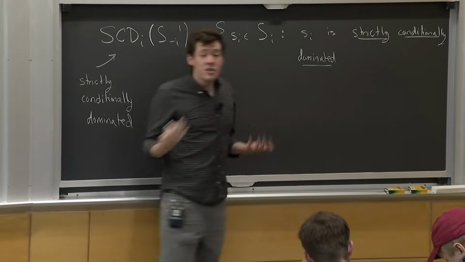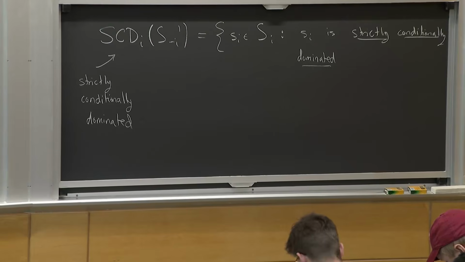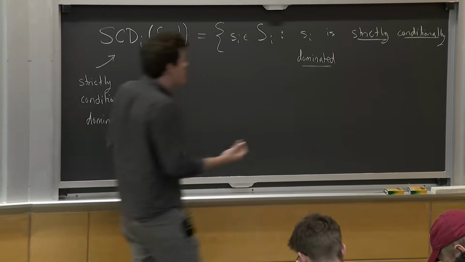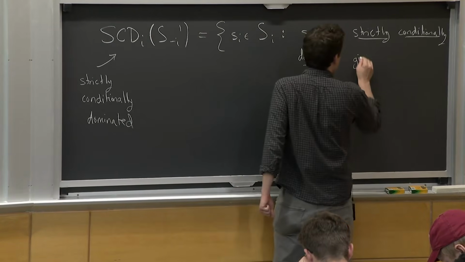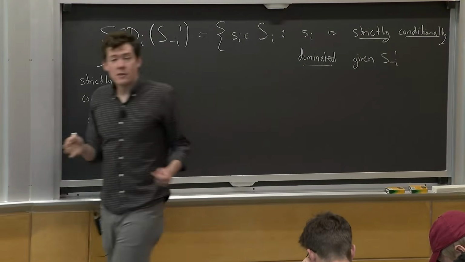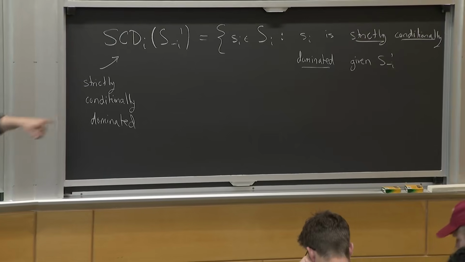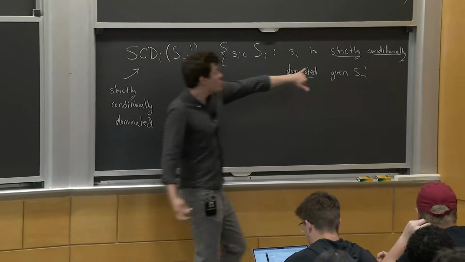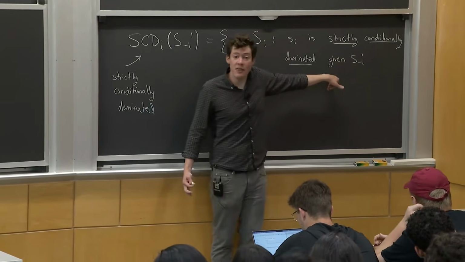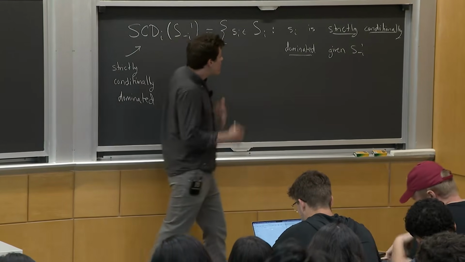Now, if I say strictly conditionally dominated, I have to say what it's conditional on. So strictly conditionally dominated, I'll say given S_{-i}'. So that's my condition. The condition is I know my opponents are going to play something in S_{-i}', and I'm interested in conditional dominance given that condition. So it's strictly conditionally dominated given S_{-i}' by what?